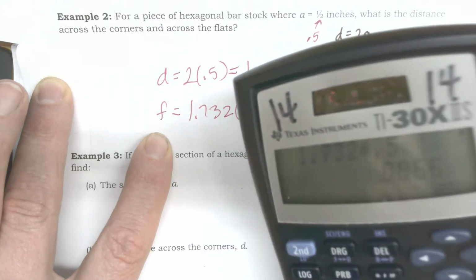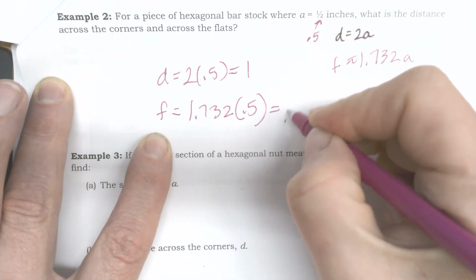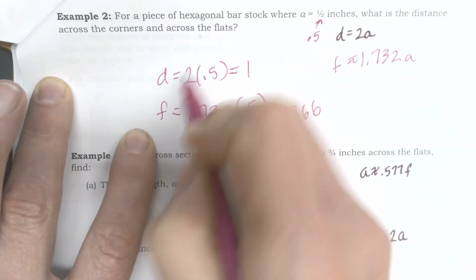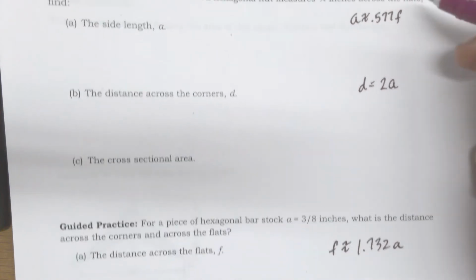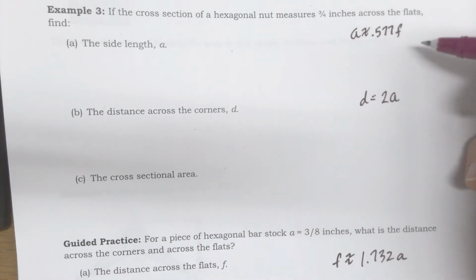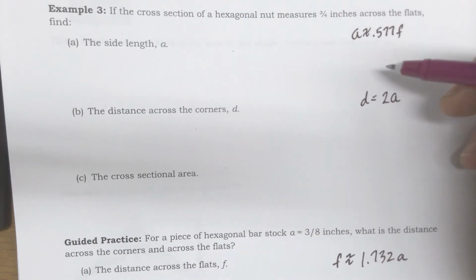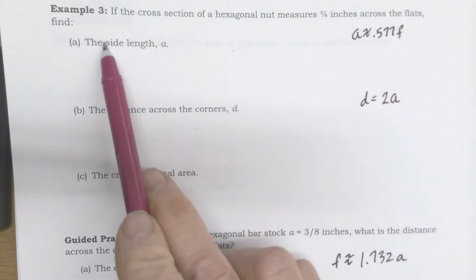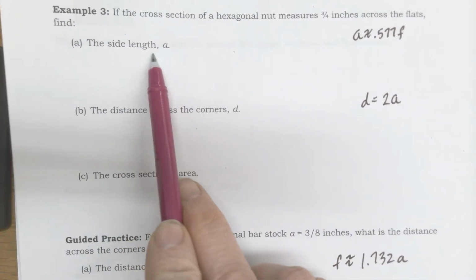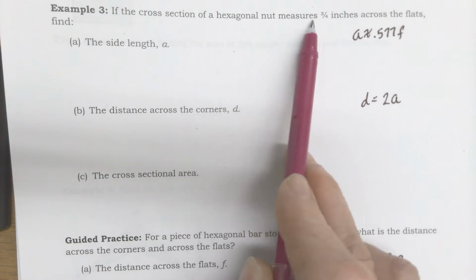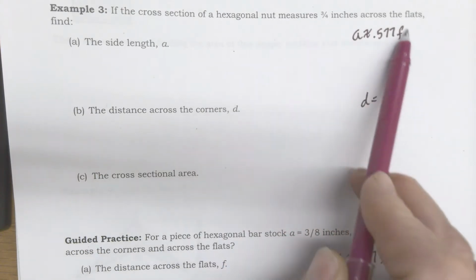To get that value I got 0.866. So that's my F, that's my D. And I just have to pull those formulas out. You might want to keep that sheet handy with the formulas, whether you're finding A or D or F or whatever. So if I'm given the flat, how do I find A?